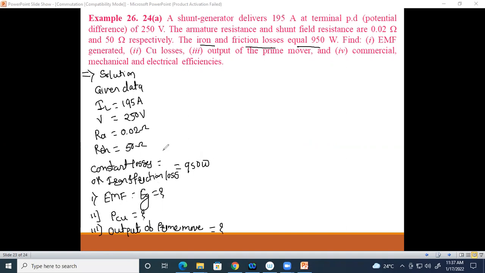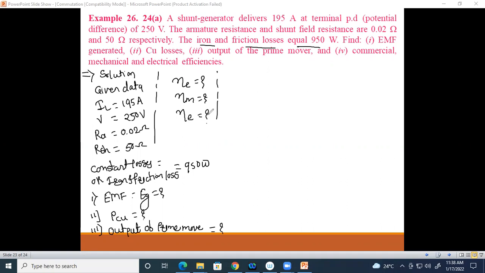And then find the efficiencies: commercial, mechanical and electrical efficiency. So we want to find these quantities using this example.